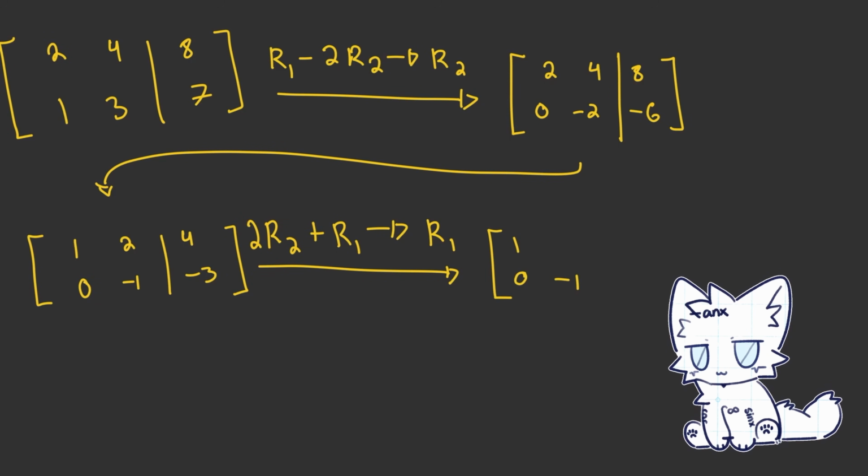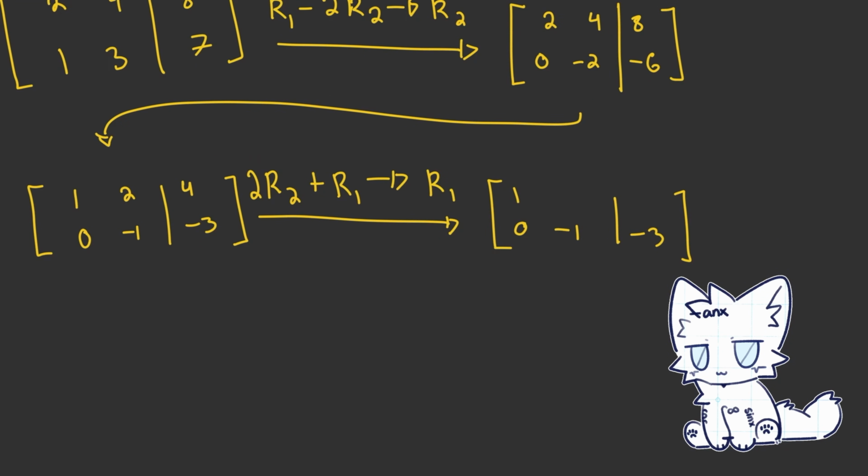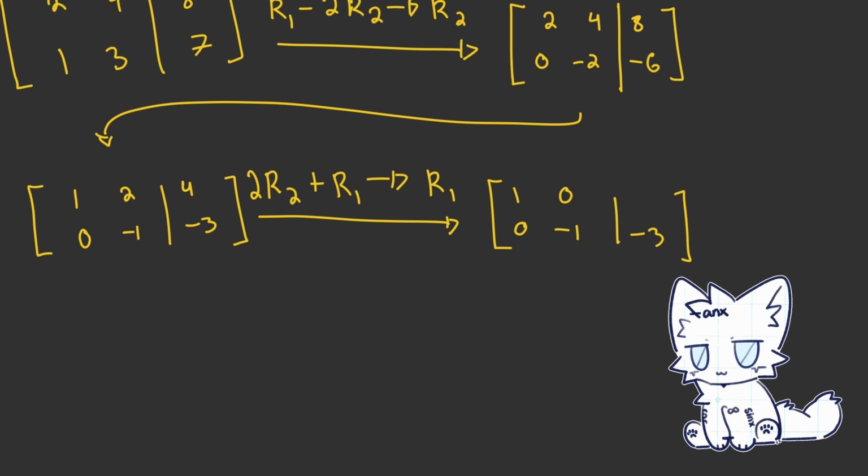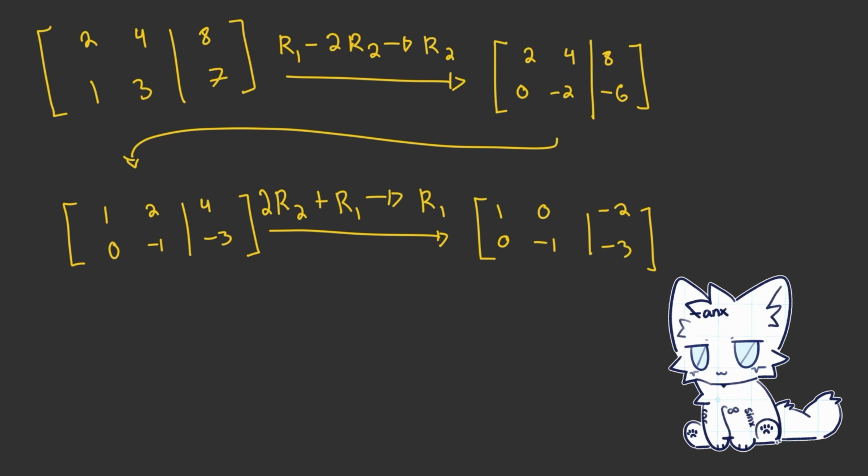Let's write the bottom row first. 2 times -1 is -2 plus 2, that is 0. -3 times 2, -6 plus 4 is -2.